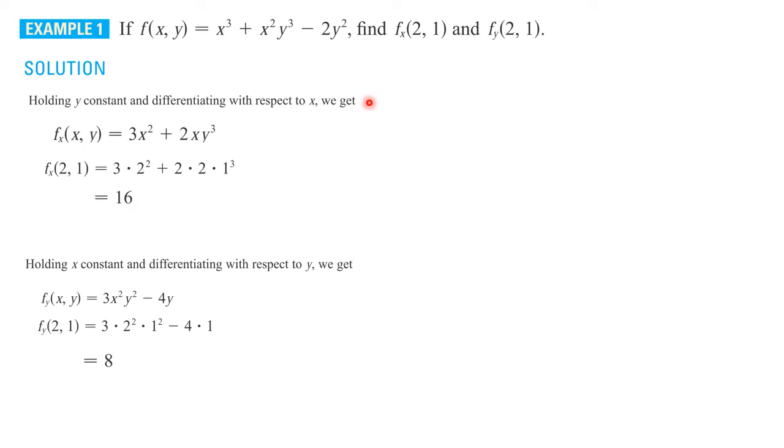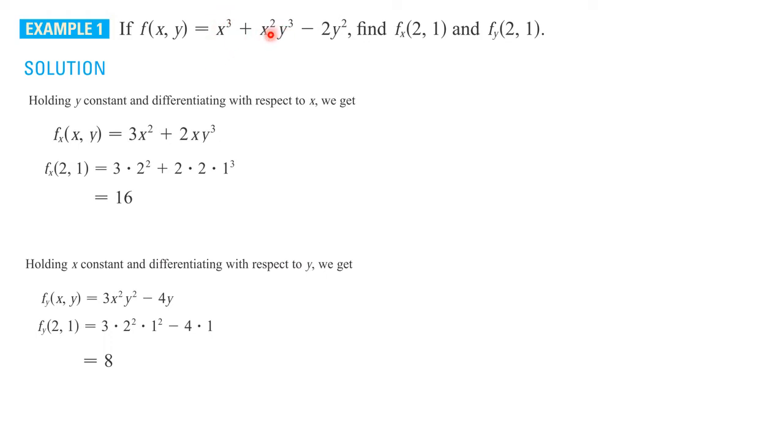Now we have to find partial f over partial y, or fy, at (2, 1). So we consider x as constant and differentiate with respect to y. So x cube is constant, so this is 0.